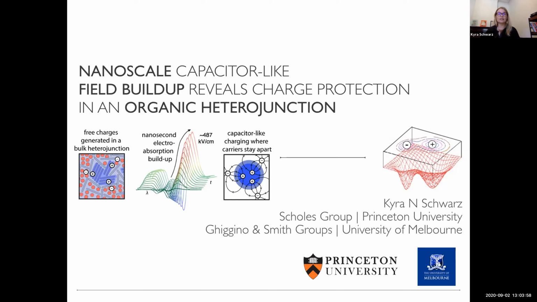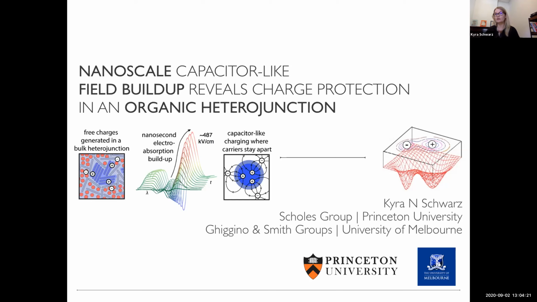But organic photovoltaics are not so simple in their structure. We know now that nanoscale effects have a really large impact on the efficiencies of all different types of devices. But particularly in organic photovoltaics, in the early days you might have had this really simple bilayer where you have your donor and acceptor materials.